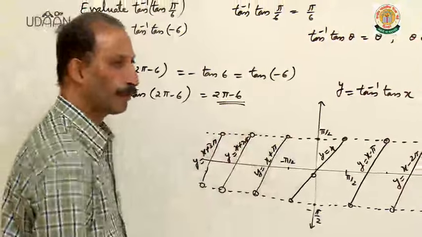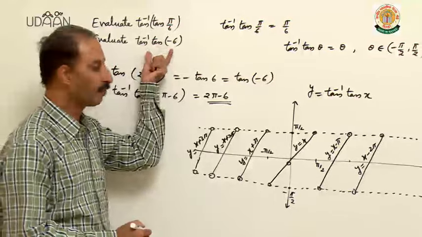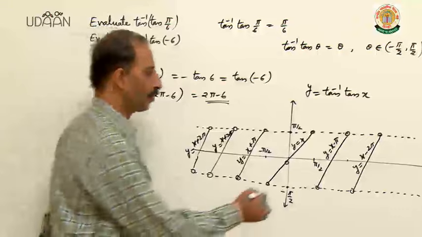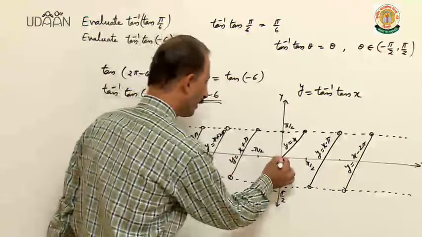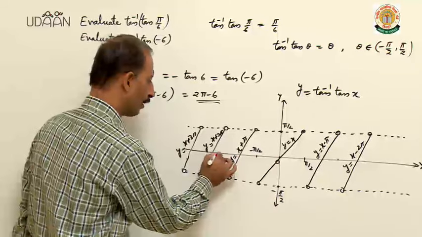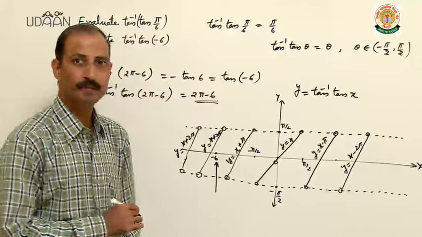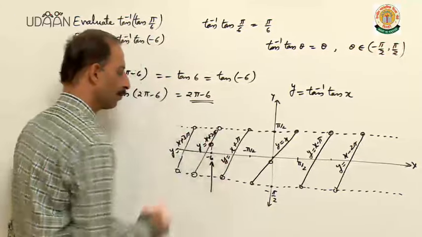This is the graph. From the graph also you can find directly the value of tan inverse of tan of minus 6. See the position of minus 6 on the x-axis. That is your x-axis and y-axis. So on the x-axis, minus 6 will be somewhere here. This is the position of minus 6. Now the corresponding value you will get from here.